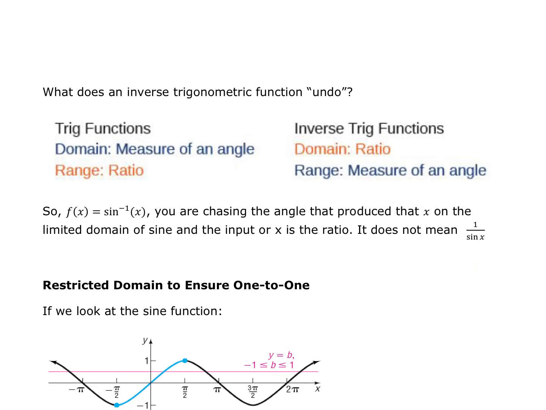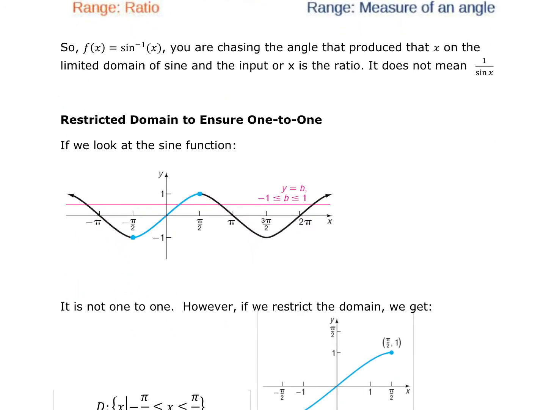Now it has to be one-to-one. So let's look at sine and let's restrict it. If we look at sine, the sine wave goes forever to the left of the origin, forever to the right of the origin. As you can see this line here, this line y is equal to b. If b is between -1 and 1, I'm going to hit my sine wave an infinite number of times.